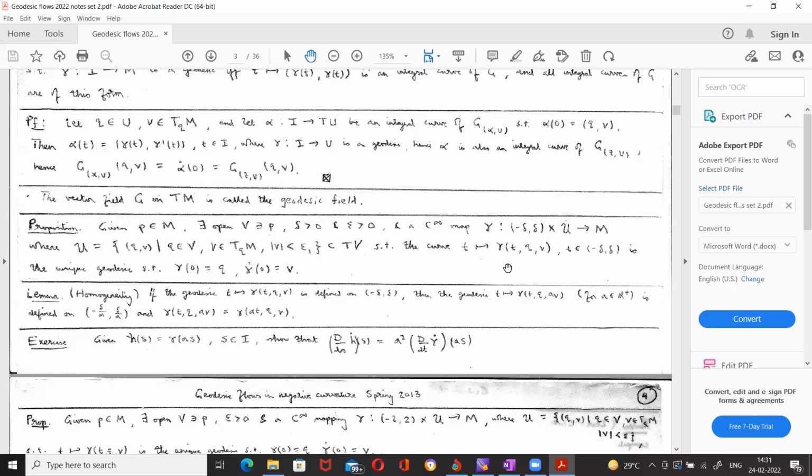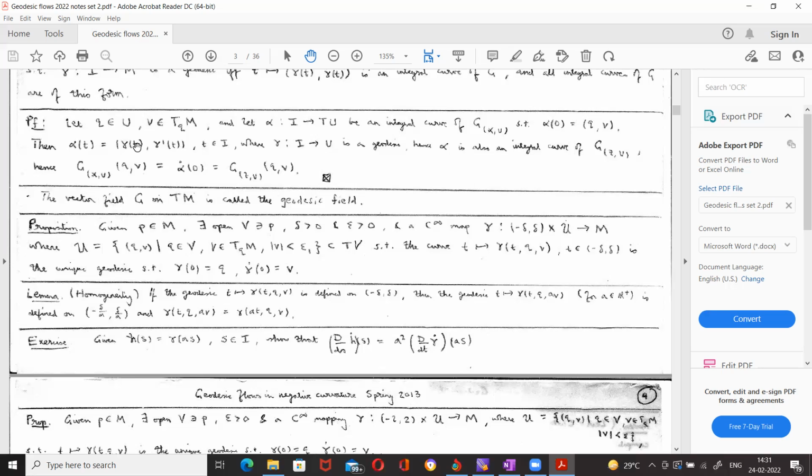Sir, can you repeat this part? Yeah, so what did we prove? We proved that if I take an integral curve of G, then it's of the form (gamma, gamma prime), where gamma is a geodesic. An integral curve of G lives in the tangent bundle, right?